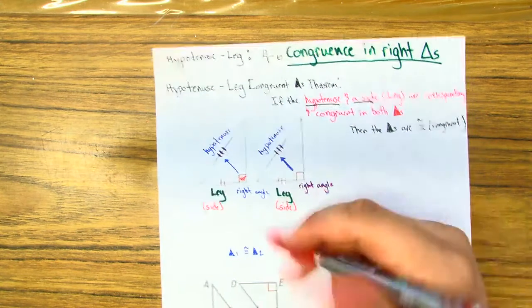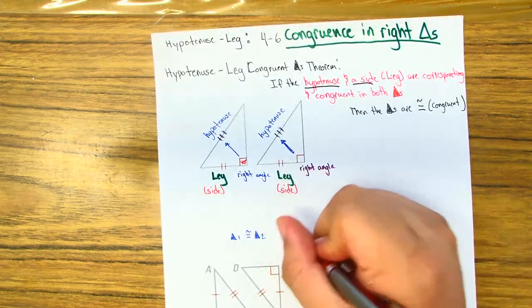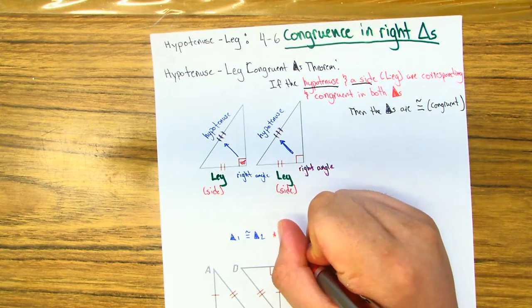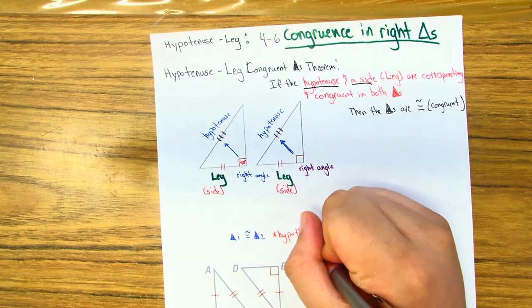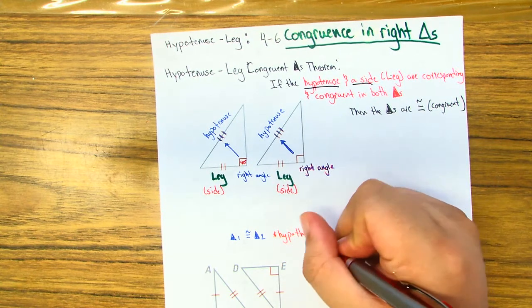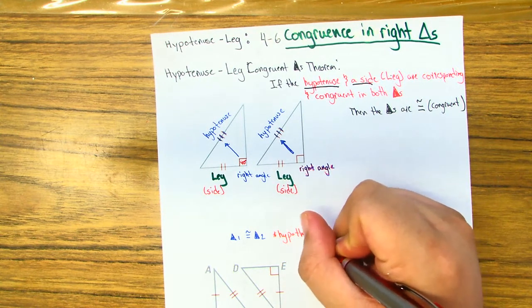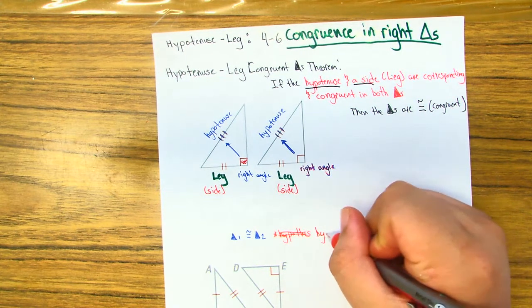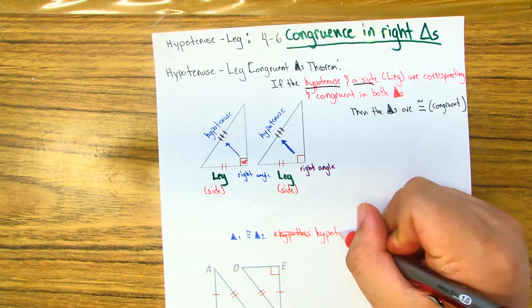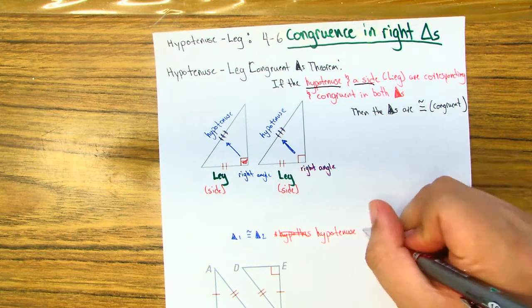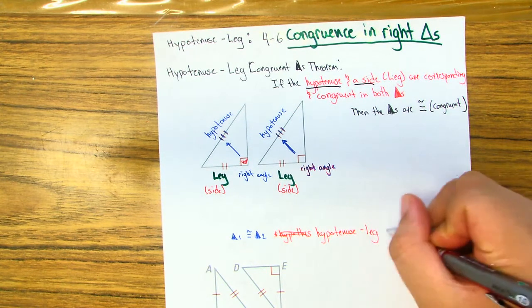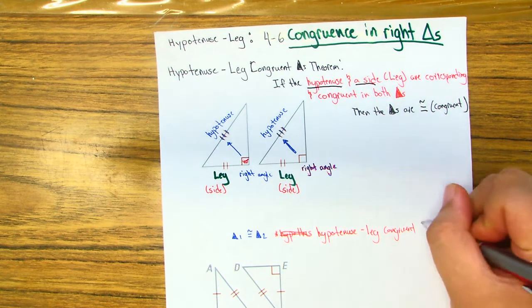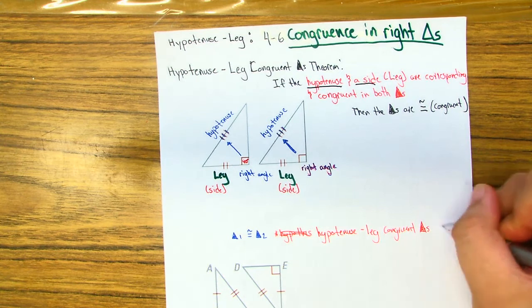So these two are congruent due to the hypotenuse-leg congruent triangles theorem. I misspelled hypotenuse.